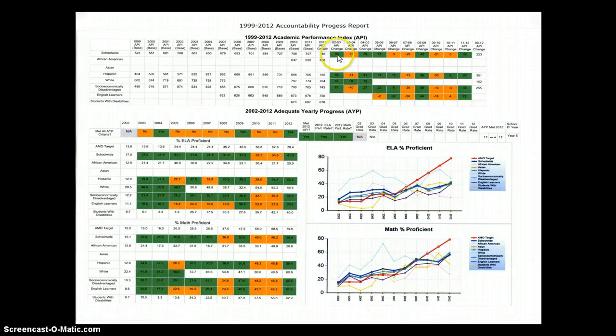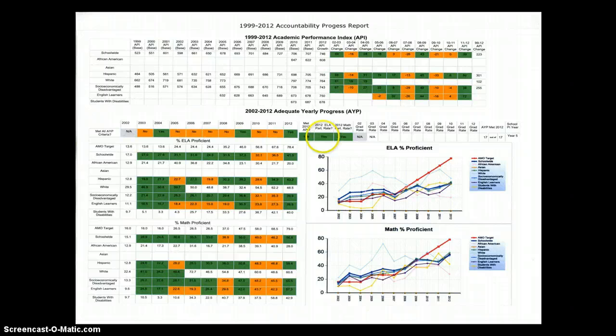Any place you see a green marker on this matrix here, a school has made its API, or Academic Performance Index. Any place you see an orange marker is where a school did not make its API score. So you have a record of how well your schools did on the state measure of performance.